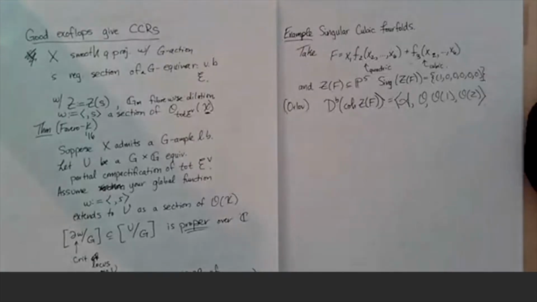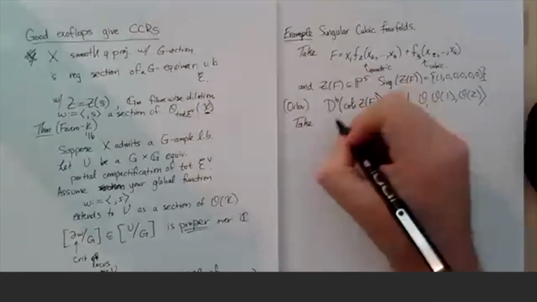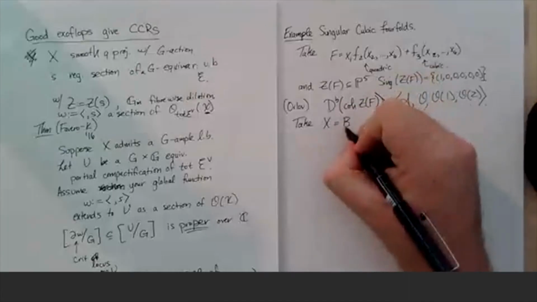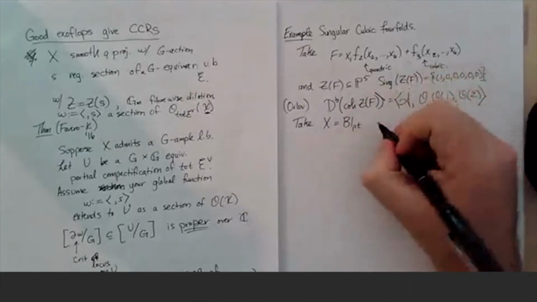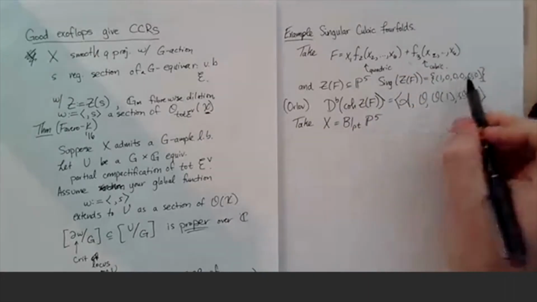Okay, so I want to smooth this, but not quite smooth it. So what I can do is take X to be the blow up at a point of P5, namely this point. I'll call this point.